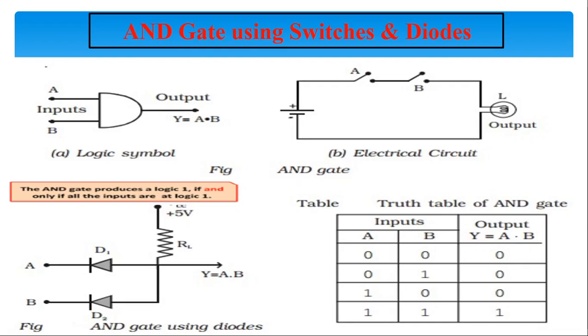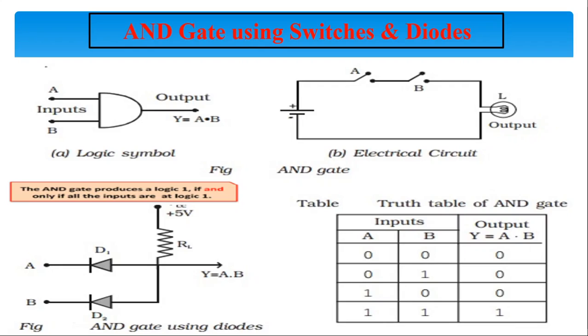Let us now discuss the working of the circuit. The first case is when A is equal to 0 and B is equal to 0.